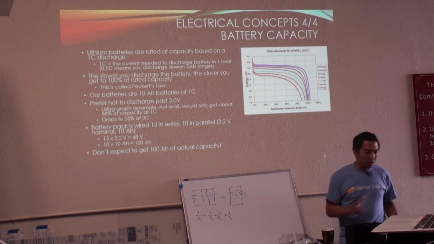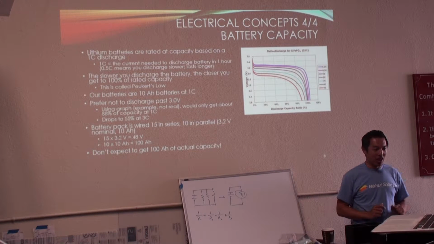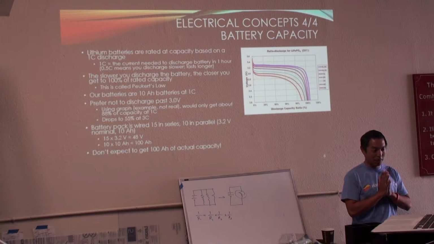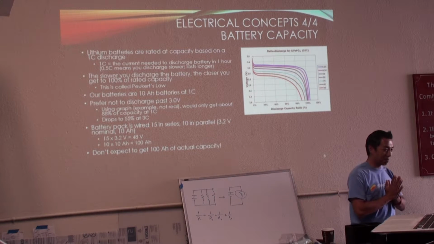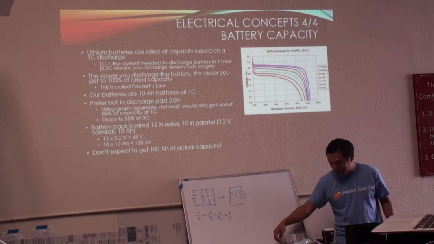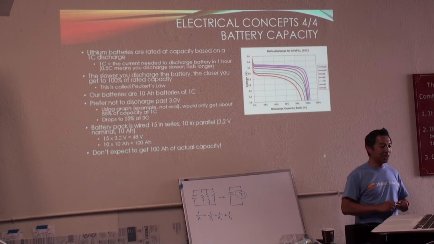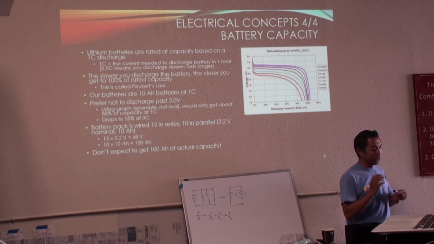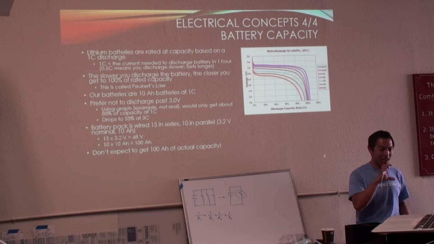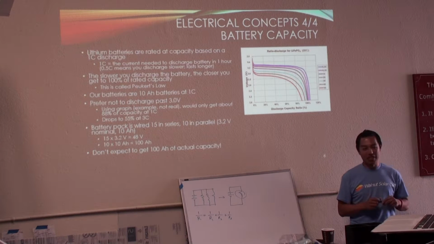Okay, now it gets back to your comment about the batteries being in series. The batteries are in series, but they are also in parallel. The way that works is, well, actually, you tell me, how did we construct the battery pack? You had individual batteries, and what did we do with them?